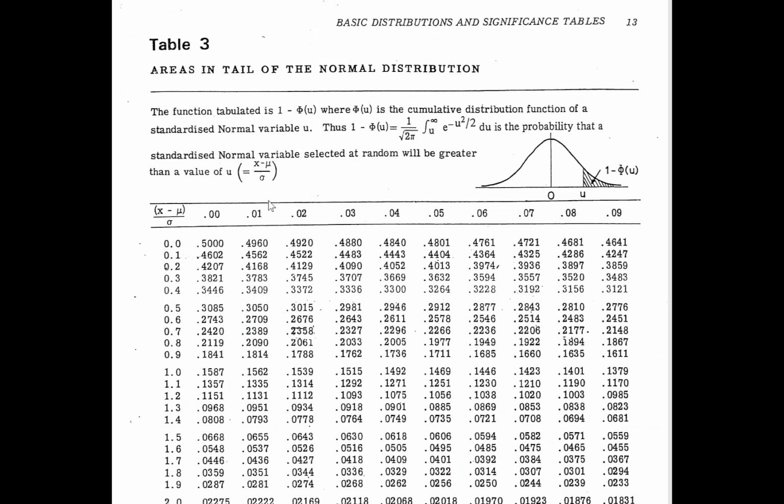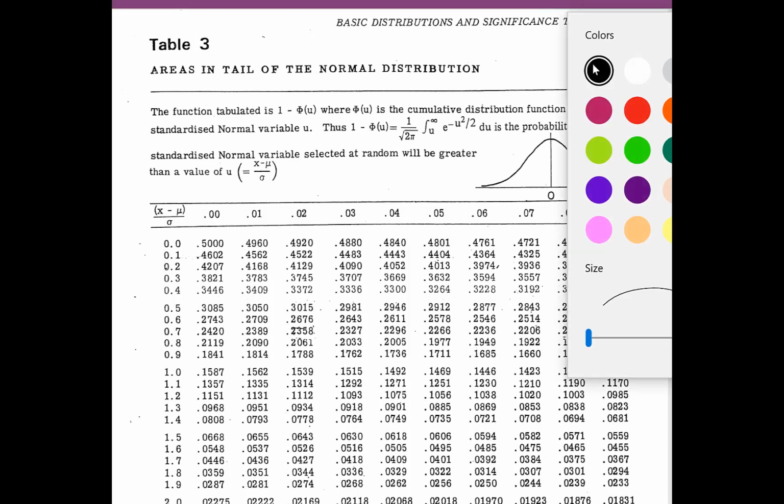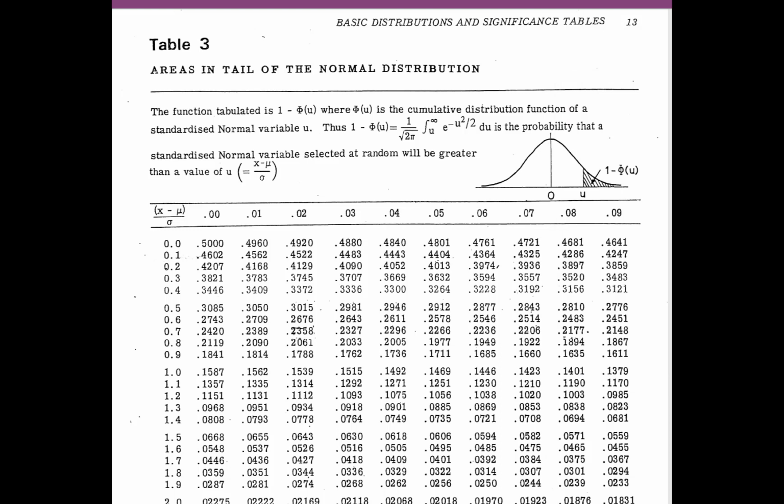Okay, now we are looking for z alpha divided by 2. So your alpha, let's say, is 0.05 divided by 2.